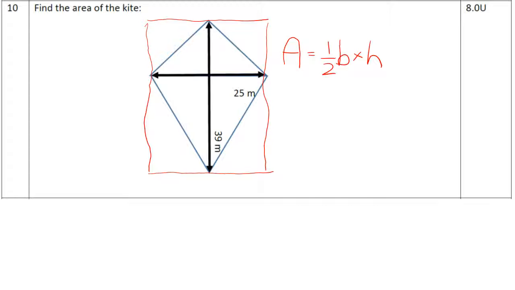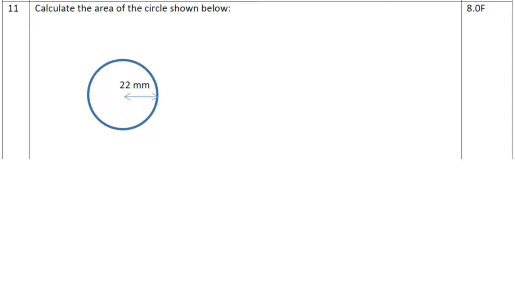And it's 39 meters tall and 25 meters wide. Now, if you think about the total area of the very wonky rectangle that I've drawn, the kite is half of it. So that's just the formula we need to use, half of the base times the height. So we just go half of 25 times 39, and we end up with 487.5. Now, meters squared is the correct unit for area.